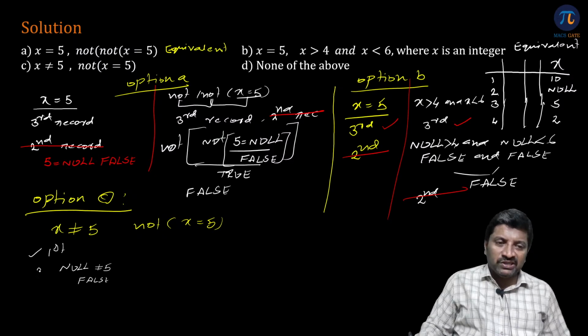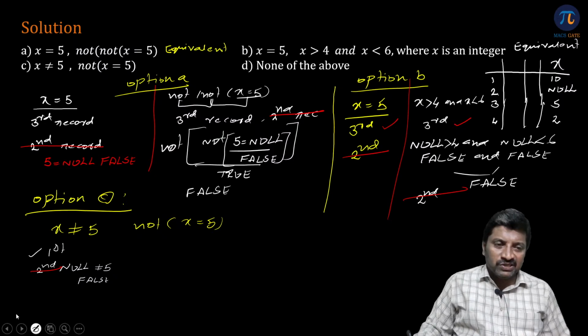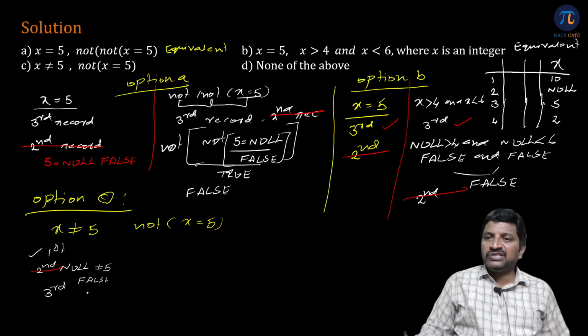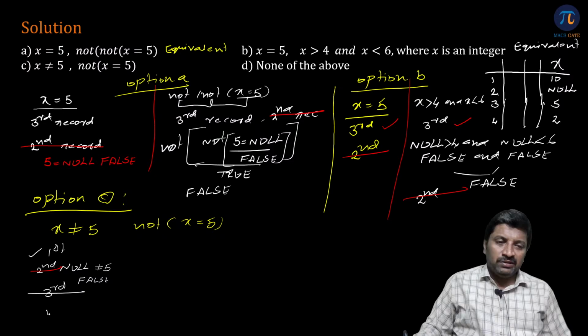So I don't get the second record. What about the third record, sir? X not equal to 5, but it is equal, sir. So we don't get it. Then what about fourth record, sir? 2 not equal to 5, sir. Yes, it is correct. So you are getting first record and fourth record.